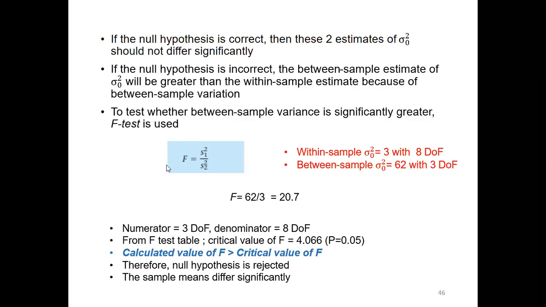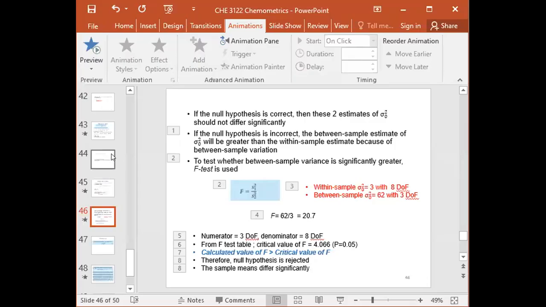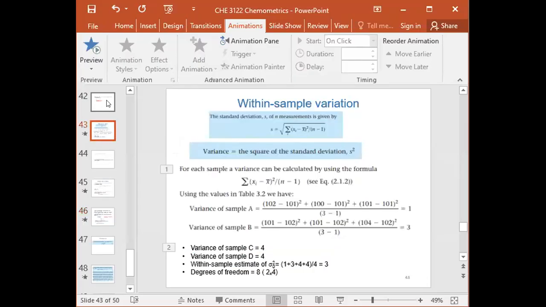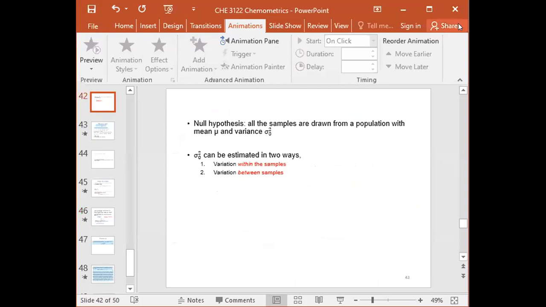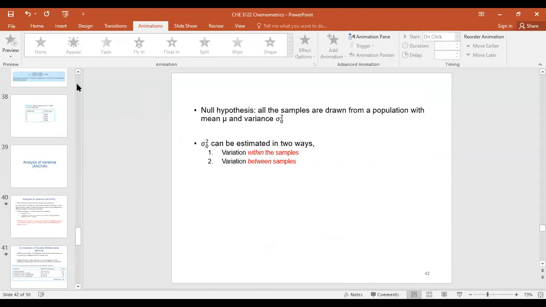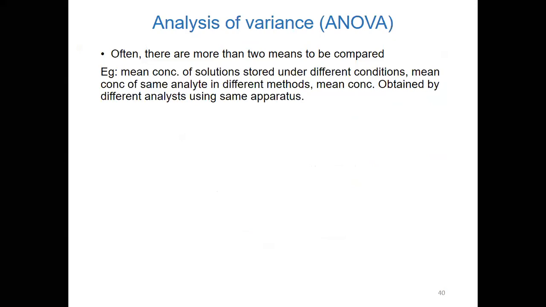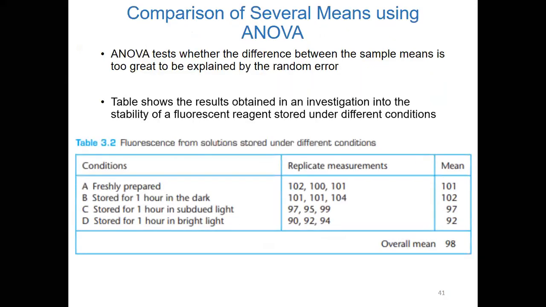Let's see. Here, I'm repeating the same thing. So this one we don't need. Here are the mean values that we have to compare. We have 4 conditions, 4 different means, and then we have the overall mean.